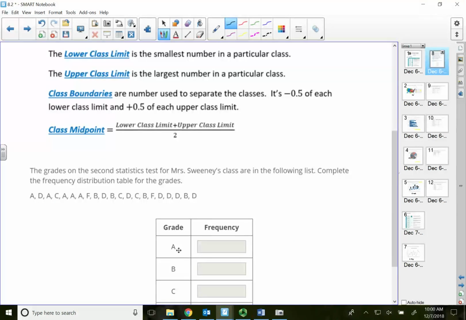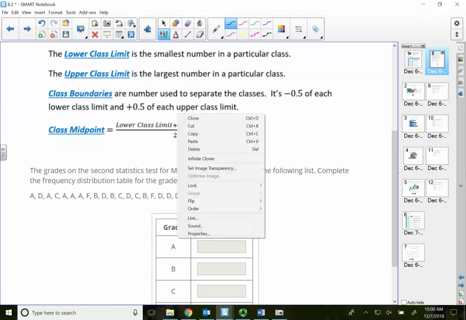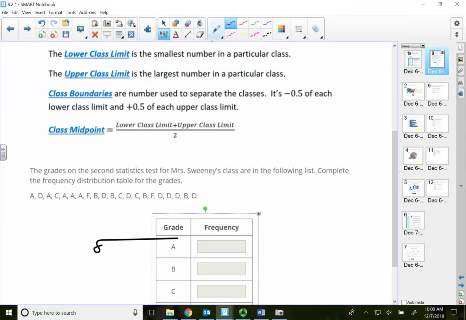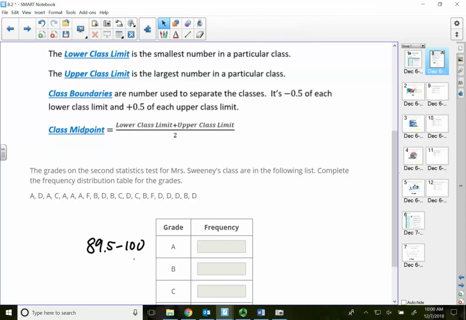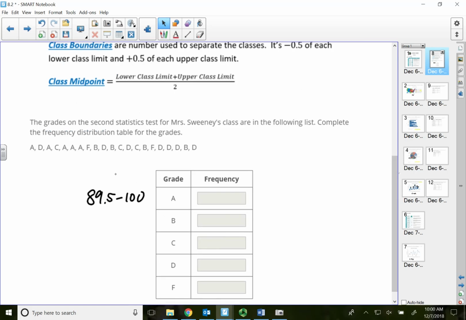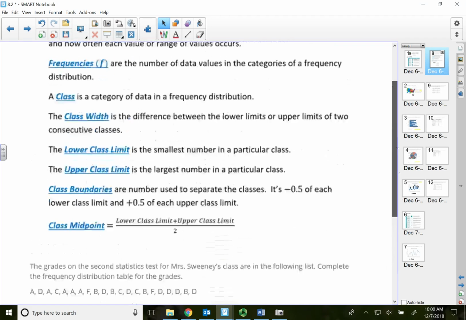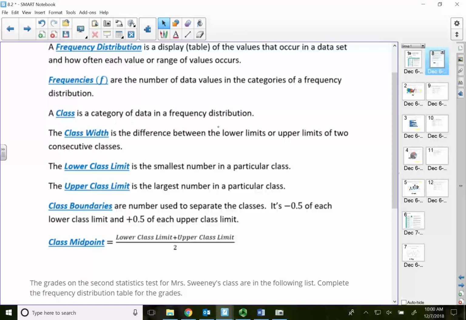If I say A ranges from 89.5 to 100, that will be a class. So when we divide the grades on the x-axis into categories, we call them classes. A class is a category of data in a frequency distribution. Frequency is the number of times a data value in a category occurs.